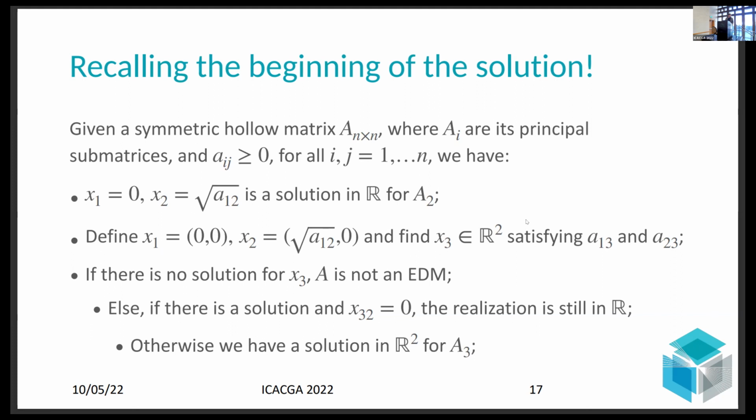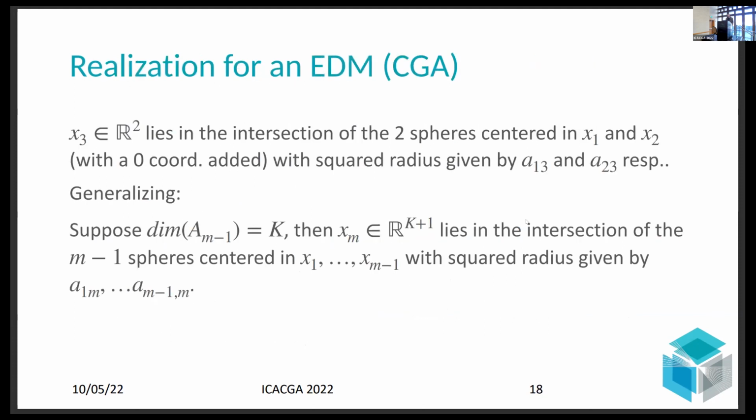Now to find x3, instead of solving a nonlinear system, we search for sphere intersections, in this case, the intersection of two circles. x3 will be in the intersection of spheres centered in the previous points with the squared radius given by the corresponding entries of the matrix.